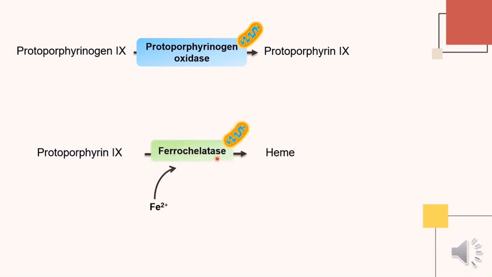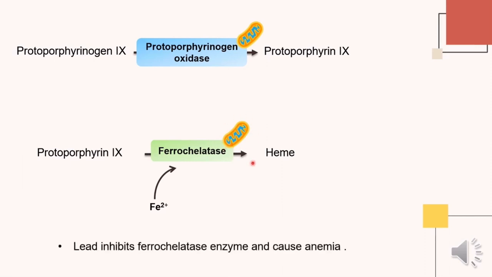And this is happening in the mitochondria. Lead also inhibits the ferrochelatase enzyme and will lead to anemia. So lead will inhibit two enzymes in the heme synthesis pathway. It will inhibit ferrochelatase and porphobilinogen synthase.